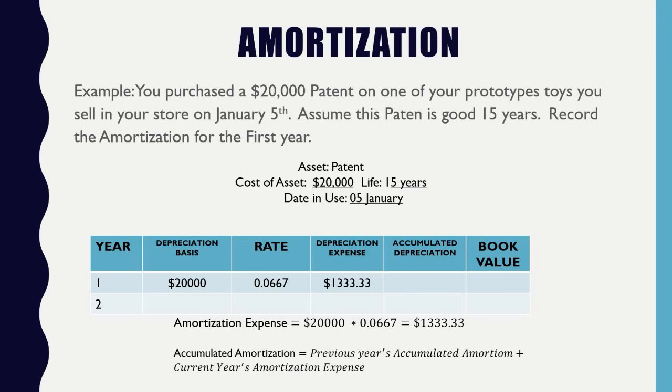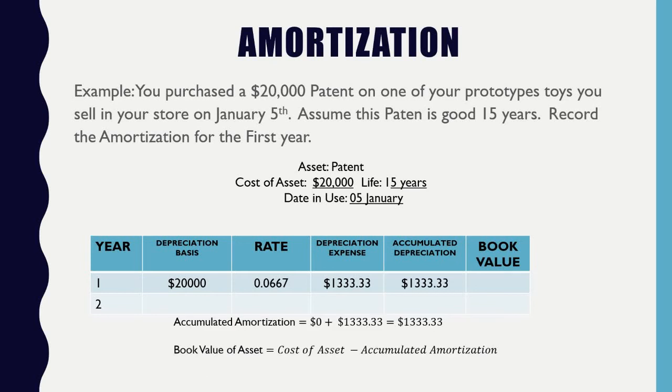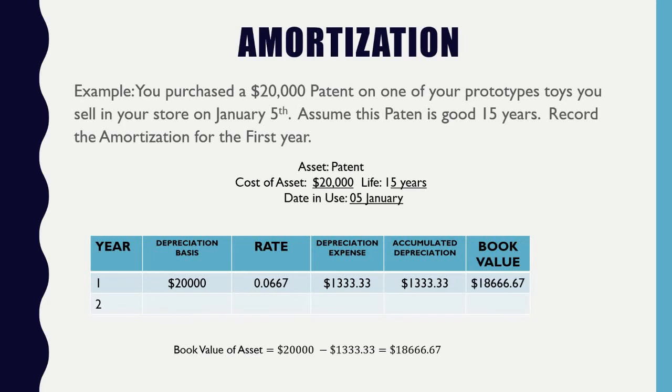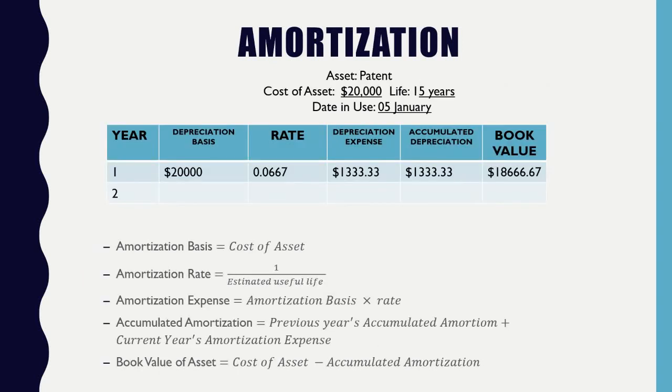So then, same rules apply for the accumulated. For the first year, it's going to be whatever the current is. Book value is going to be $20,000, which is the asset cost, minus the accumulated. So you're going to get $18,666.67.